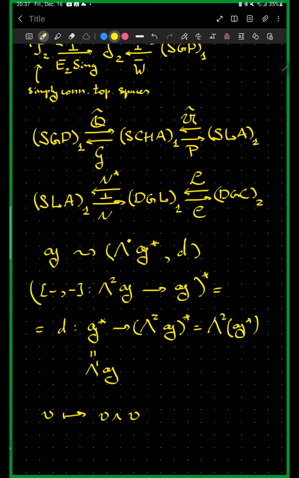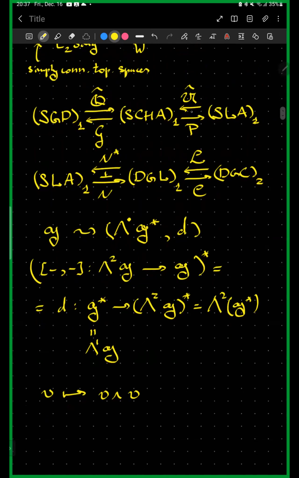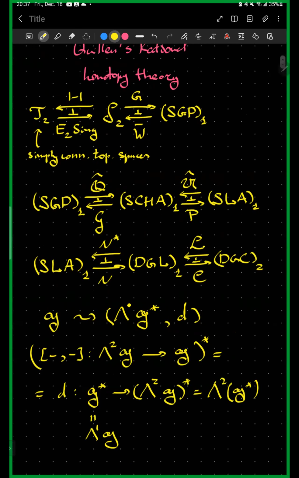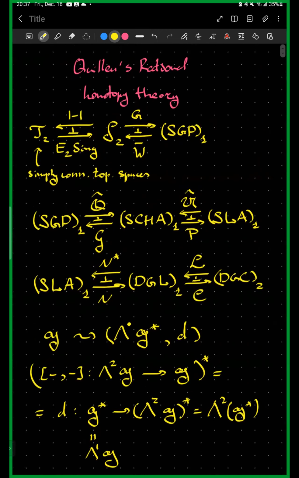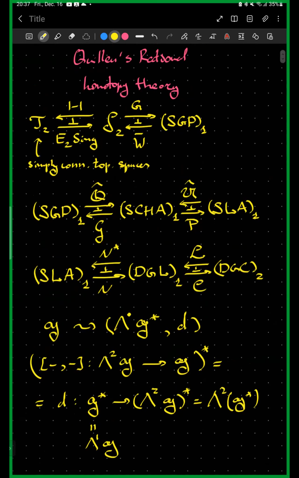And basically what Quillen is saying is that this sequence of functors induces equivalences on homotopy categories if here we additionally localize at rational equivalences.